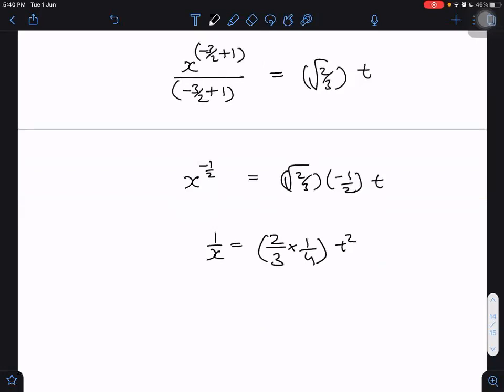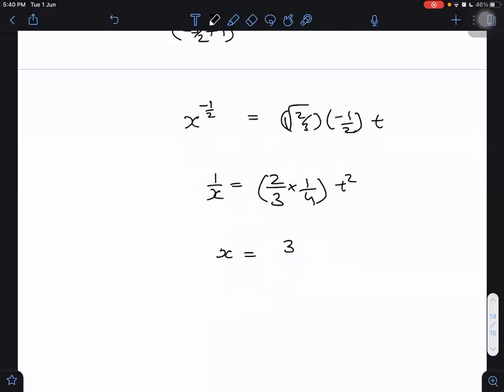So x will be equal to 3 by t square, x by t square. Take x this side and bring 3 to the other side. It will become 3 divided by 2t square, 6 by t square, it will be.